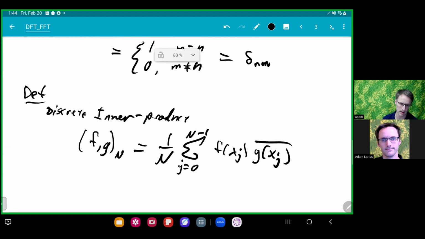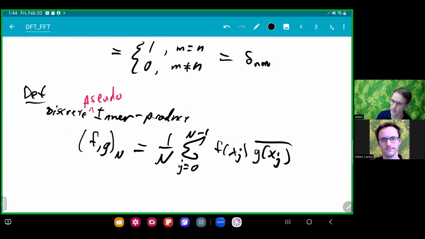Notice it's also not quite an inner product on L2, because f and g can be non-zero off of the interpolation points, and you can still get something which is 0 out of this. So technically this is some type of pseudo inner product.